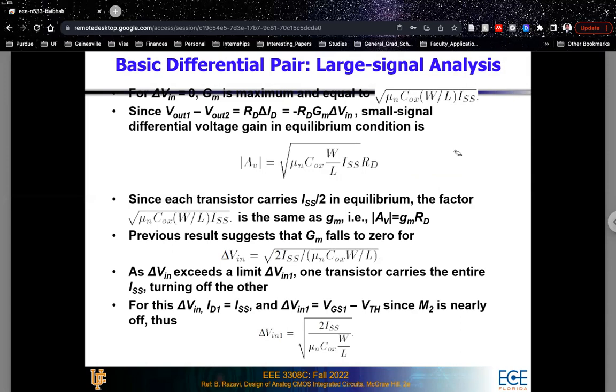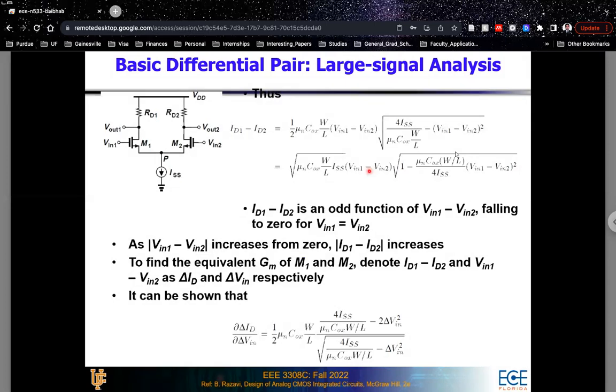Again, the small signal differential voltage gain, that is Vout1 minus Vout2 divided by V1 minus V2, reduces to this very simple expression. So if you go back to the previous one, you already know your ID1 minus ID2 as a function of V1 minus V2. You already know Vout1 minus Vout2 as a function of ID1 minus ID2, because that's just RD times ID1 minus ID2.